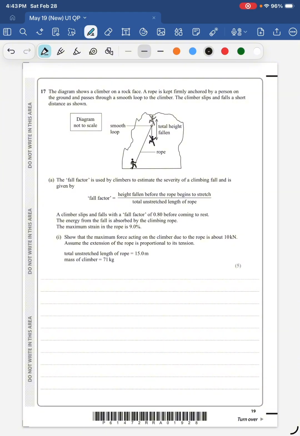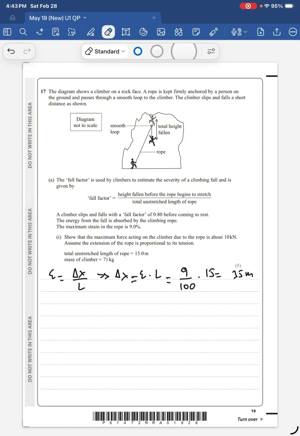Let's start with the strain, which is delta x over L. So delta x is equal to the strain times the unstretched length: 9 over 100 times 15. So 1.35 meters is delta x, so it stretches a little bit.